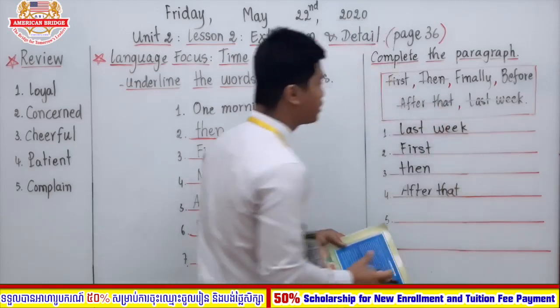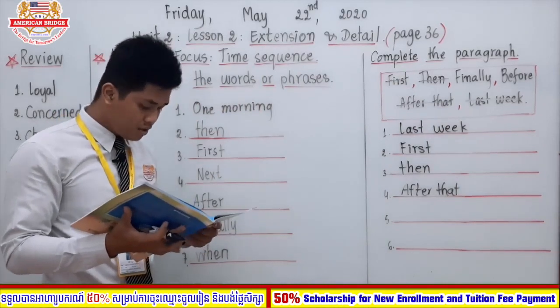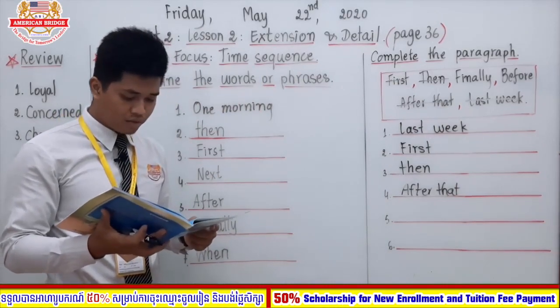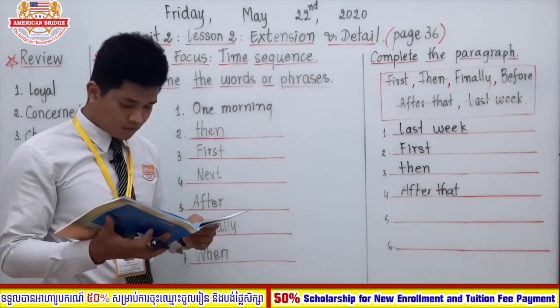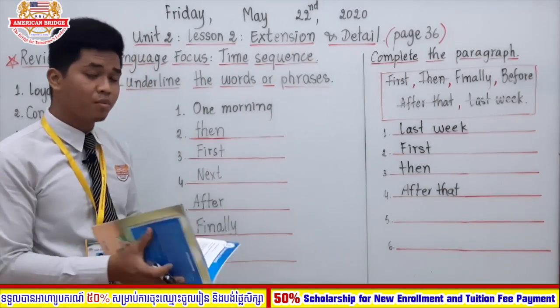Okay, after that, I went to a department store. The shoes were very expensive. Okay, so number 5, the right answer is before, because they use the past tense here.